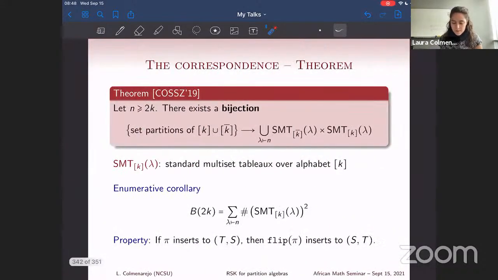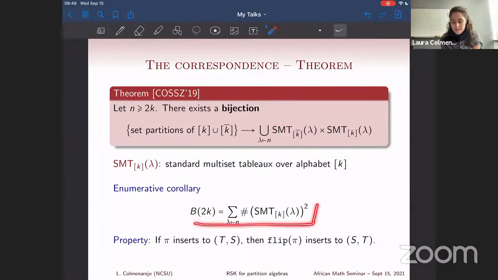Okay, so let me just give you an enumerative result as a corollary. What we did was prove that this is a bijection. So I have set partitions of these two alphabets, which, as an enumerative result, are counted by the Bell numbers, B_2k. The 2k is just because I have 2k numbers in total. And this is telling me that this is actually the sum of the number of standard multiset tableaux squared.